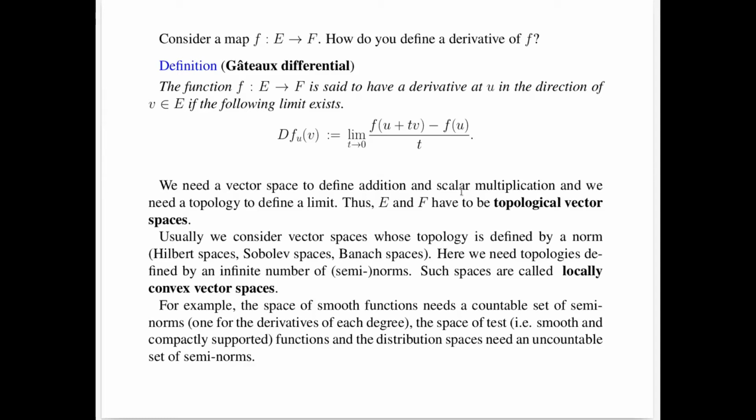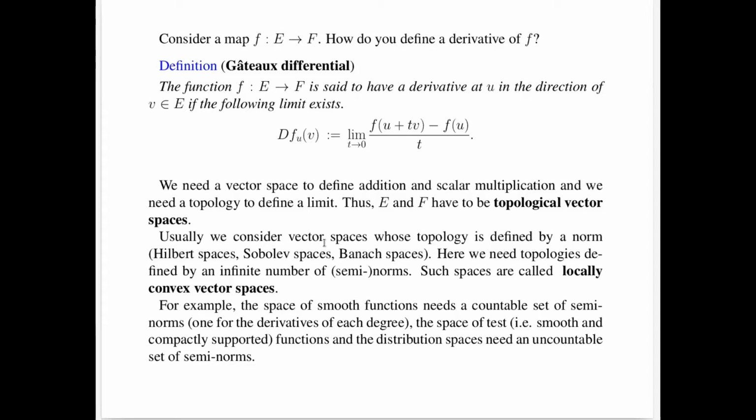Now there are two kinds of common topological vector spaces. There are normed vector spaces, the Banach spaces, which are complete normed vector spaces, where you have only one norm. And the one which is usually used in quantum mechanics is Hilbert spaces, where the norm is defined from the scalar product.